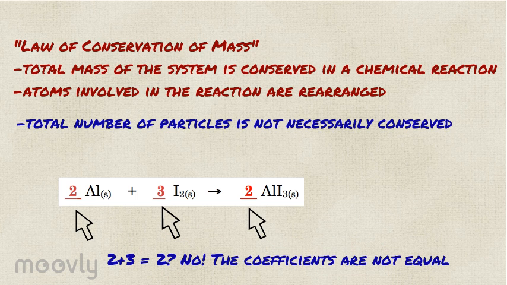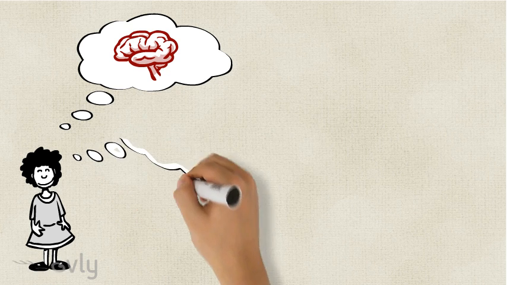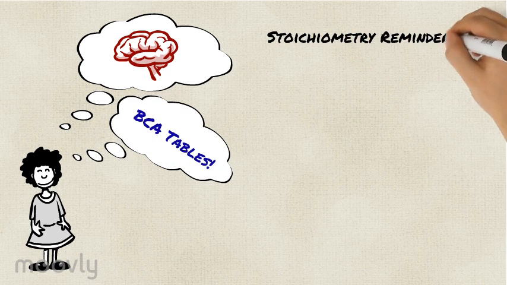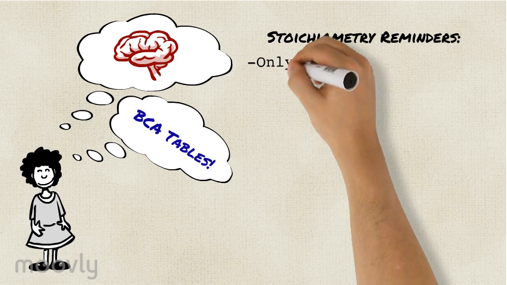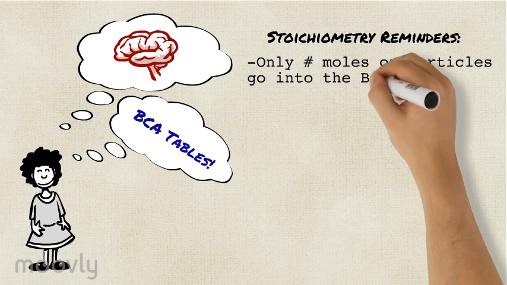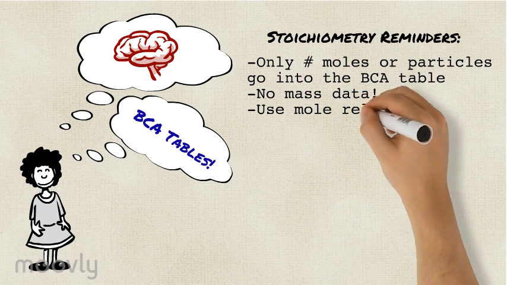So in summary, you have just seen 3 examples of stoichiometry problems in order of increasing difficulty. All types of stoichiometry problems can be approached with a BCA table. Remember that only moles or number of particles go into the table, not mass data. Remember that how a reactant or product changes is based on mole relationships determined by a balanced chemical equation.